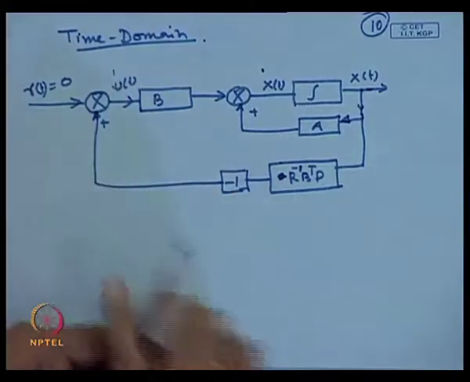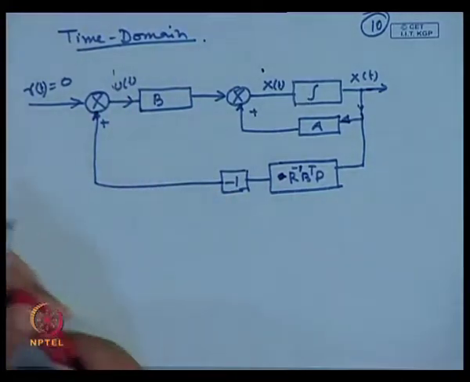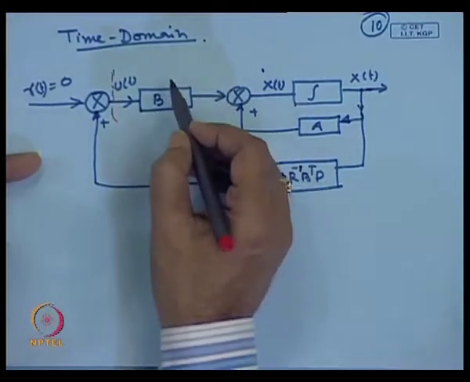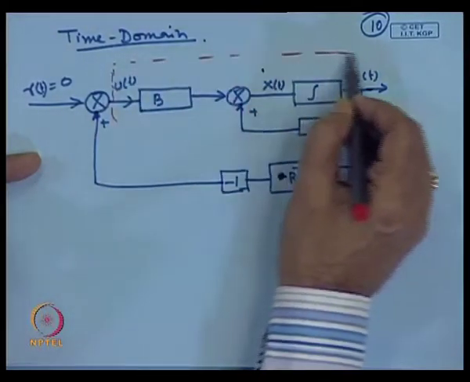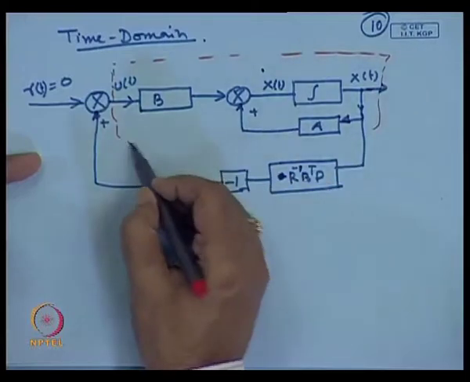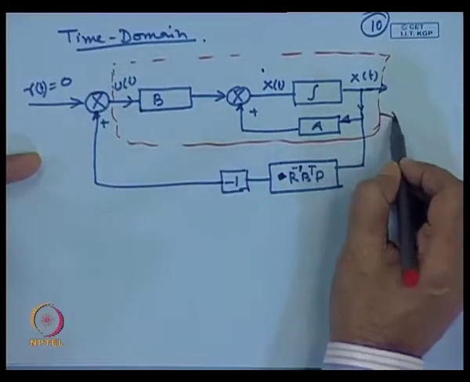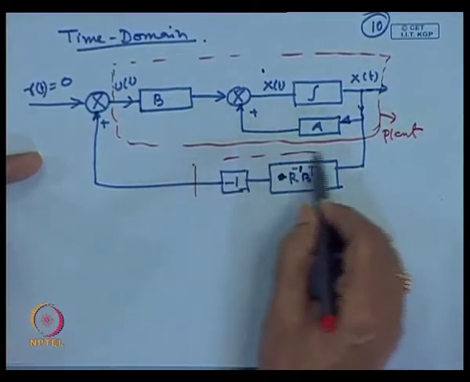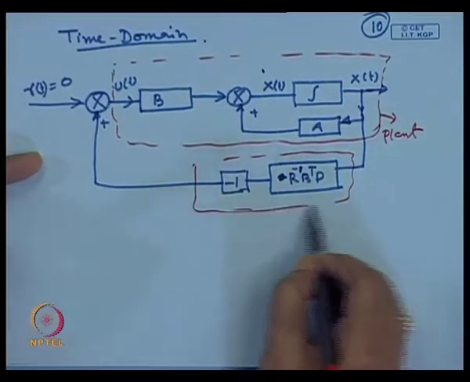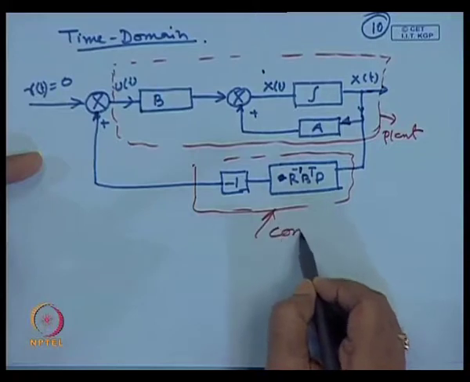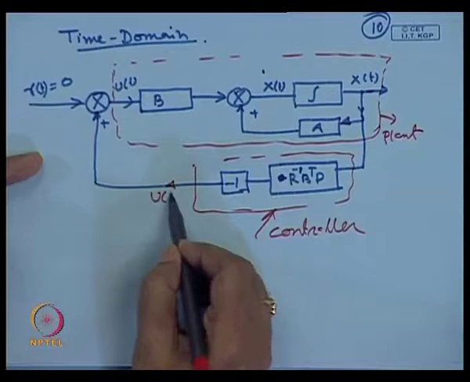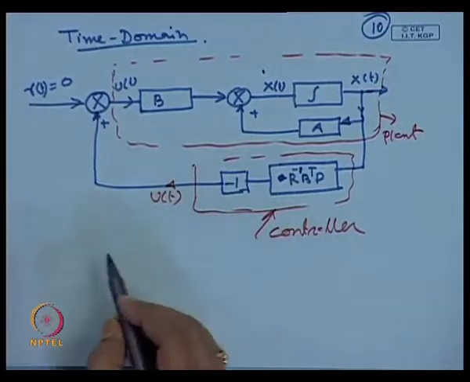If you see that part, this part is our plant, and this part is our controller. The output of this controller is u of t.